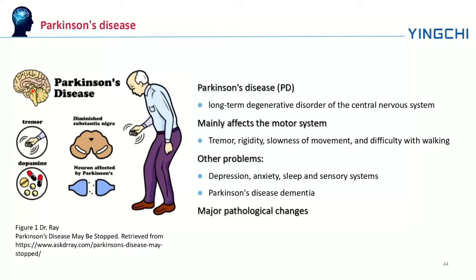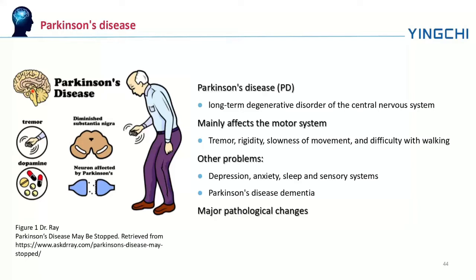And we have introduced Parkinson's disease before, and it is a long-term degenerative disorder of the central nervous system. The main symptoms are motor dysfunctions, and it may also cause other problems such as depression, and may lead to dementia.